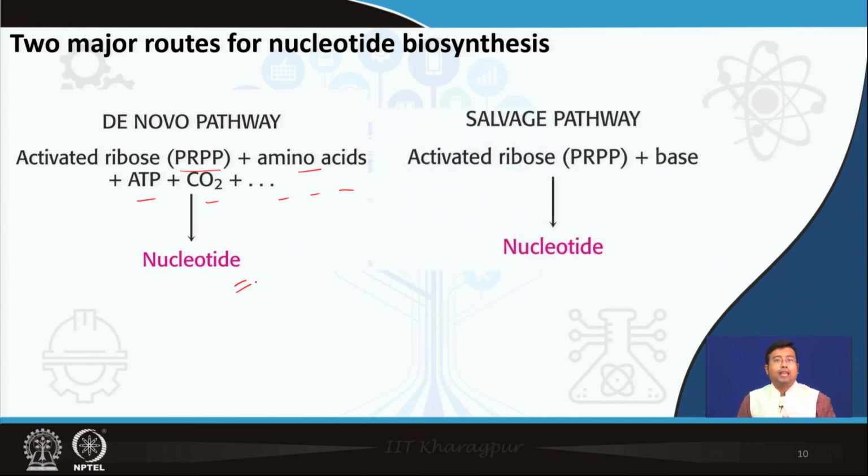Whereas, in case of the salvage pathway, we need the base and then we need the PRPP, and that can lead directly to formation of the nucleotide. Nucleotide meaning the nitrogenous base, the phosphate group as well as the pentose sugar. All right.